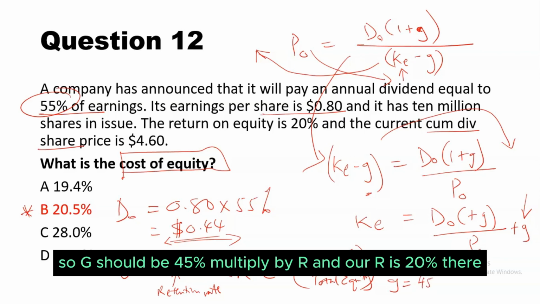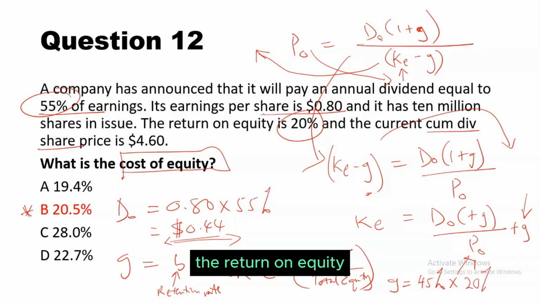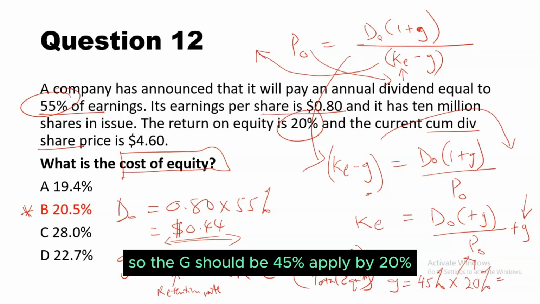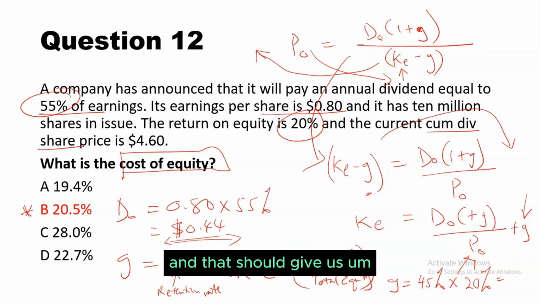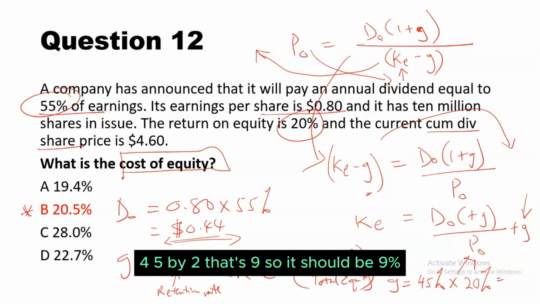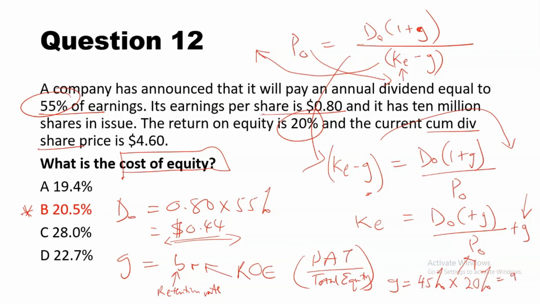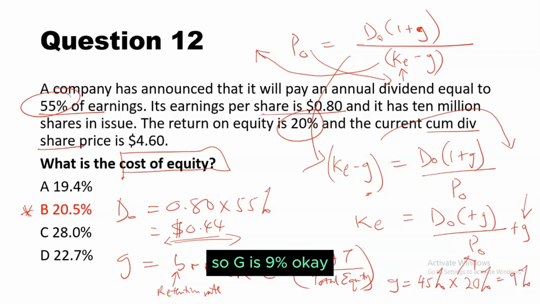So G should be 45% multiplied by R, and our R is 20% there, the return on equity. So the G should be 45% multiplied by 20%. And that should give us 45 by 2, that's 9. So G is 9%.